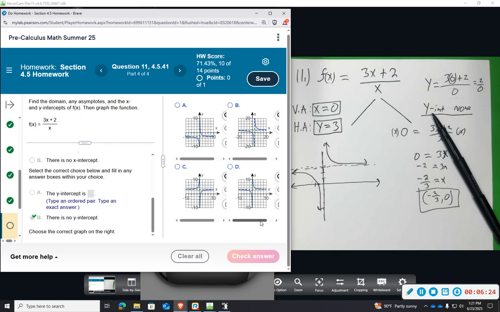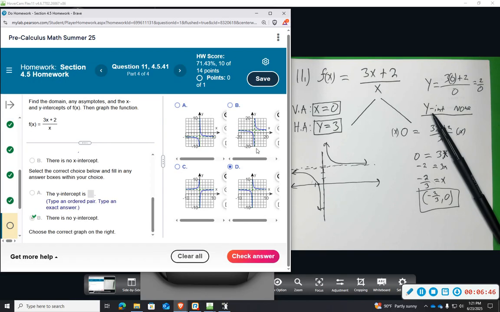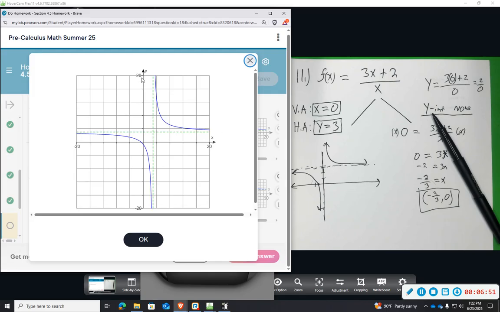Let's try to figure out which one. So if I'm counting the tick marks, this is 1, 2, 3, 4, 5. So this looks like 2, 4. So we said our horizontal asymptote was 3. So that looks to be right there in the middle. That one looks good. Let's compare B. You can see that this vertical asymptote should be on the line x equals 0, which is right here on the y-axis, and that is off.